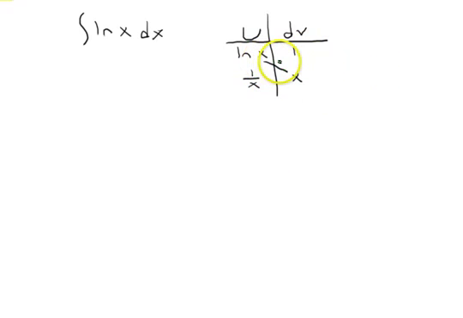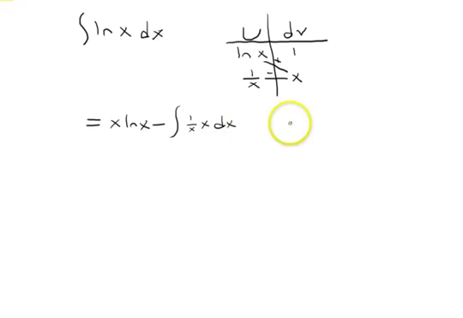So I'm going to write this out. My first diagonal is positive. The integral is going to be negative, and I know that I'm taking an integral because that's across a row instead of down diagonally. And so this is going to be equal to x ln x minus the integral of 1 over x times x dx.